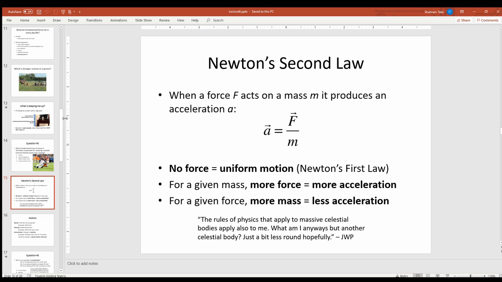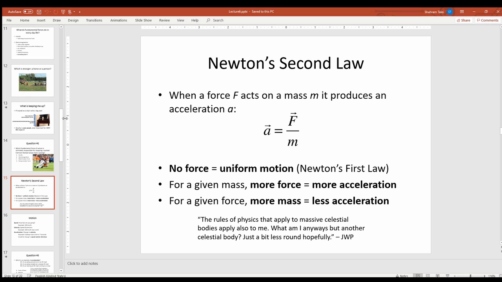If we have more mass, we have smaller acceleration. So acceleration is proportional to the force, but inversely proportional to the mass. If there is no force, F is 0, so acceleration is 0, so there is no change in speed.